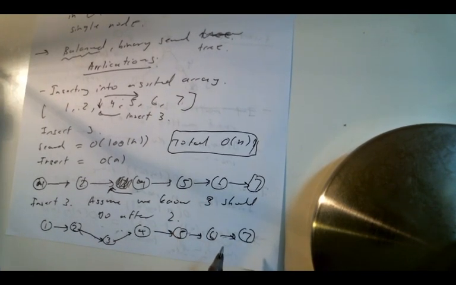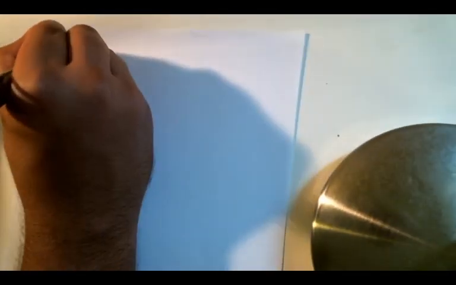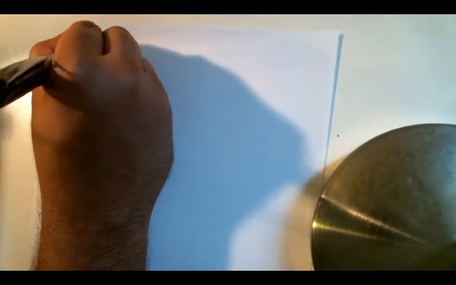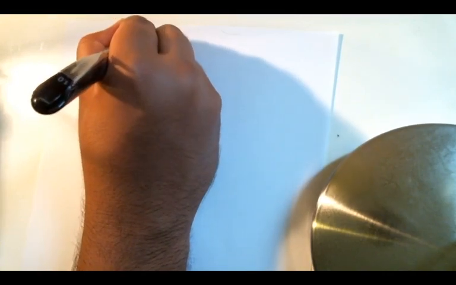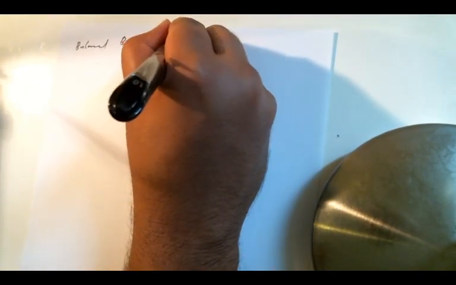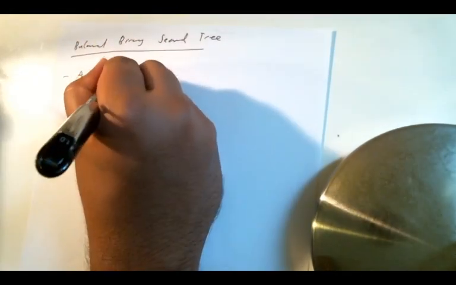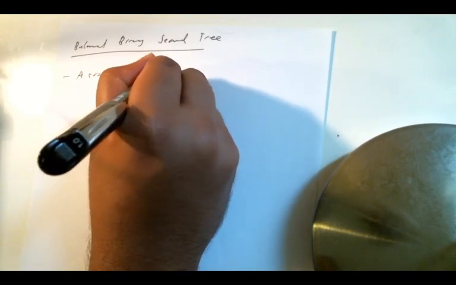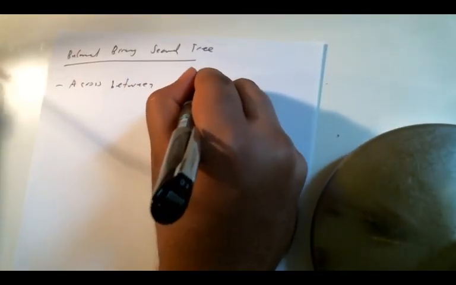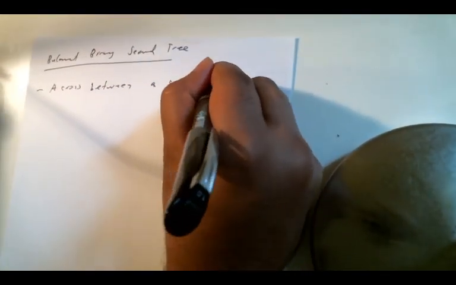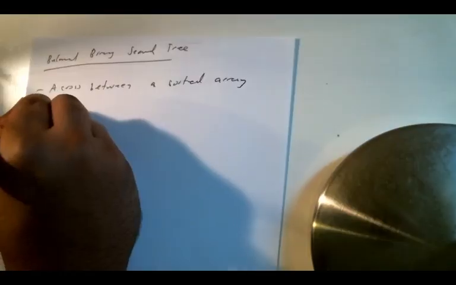So what we need is a cross: the balanced binary search tree. The balanced binary search tree is a cross between a sorted array and a linked structure.